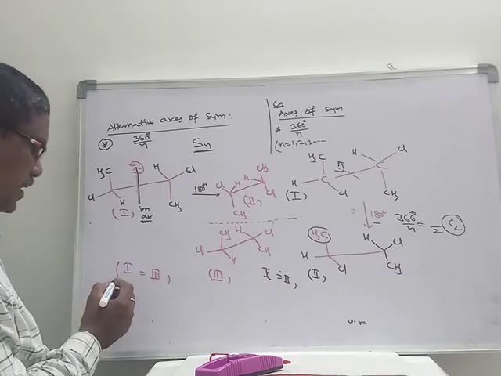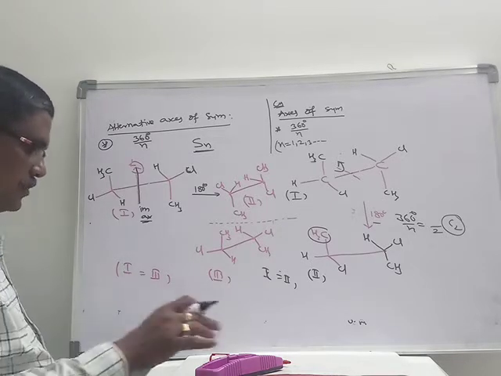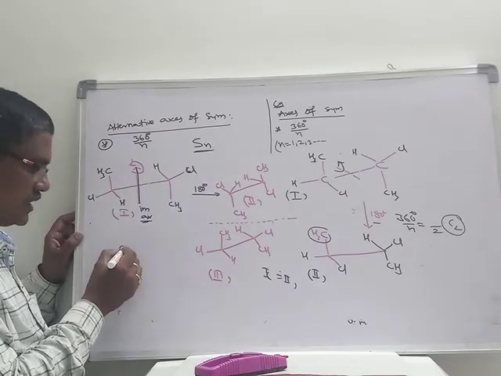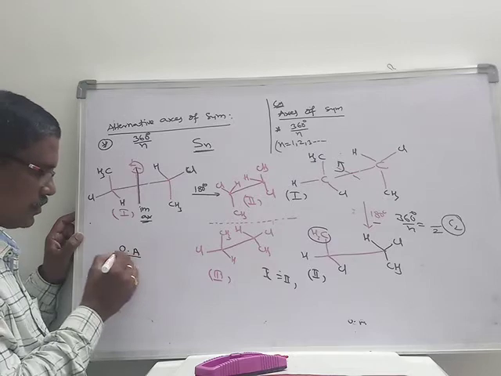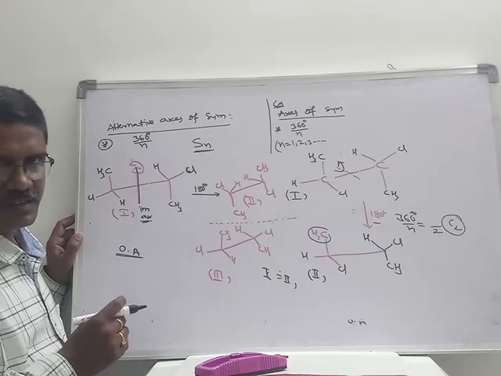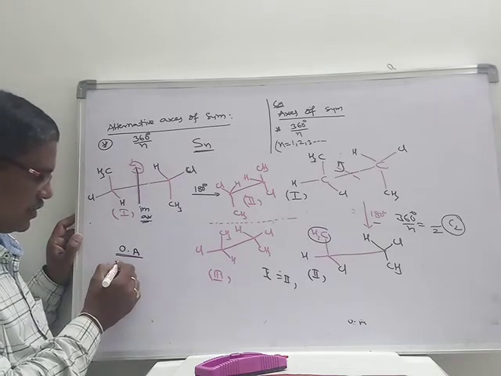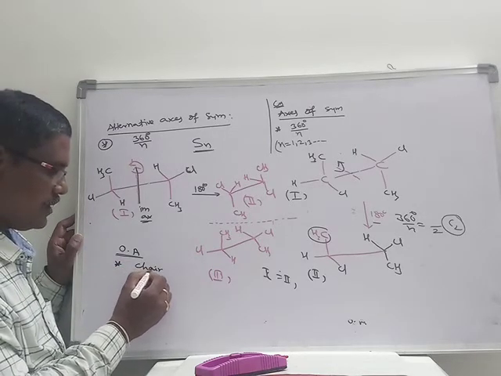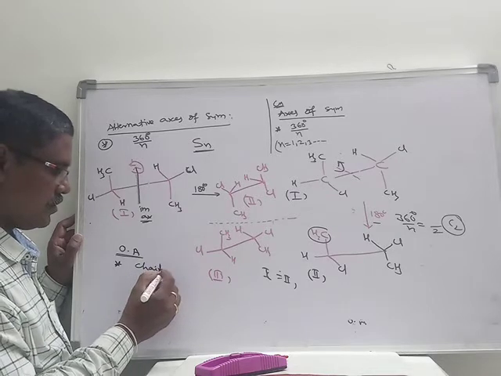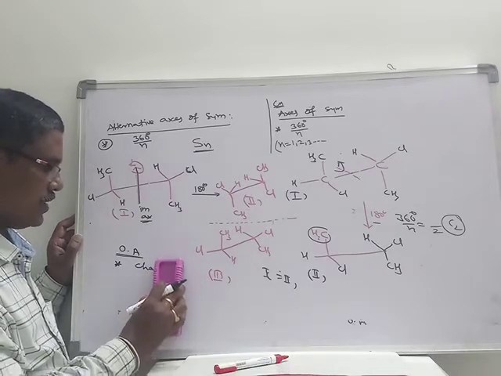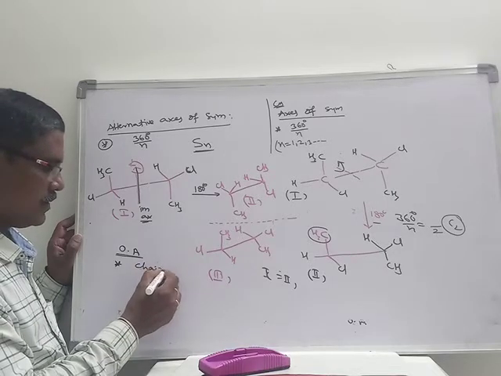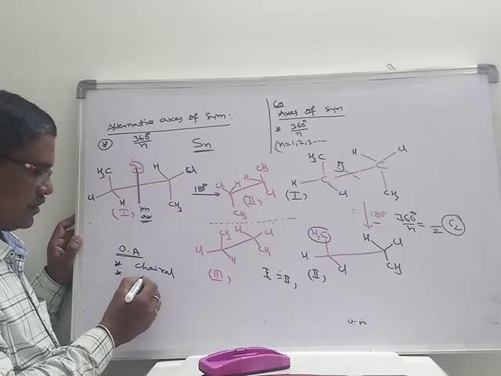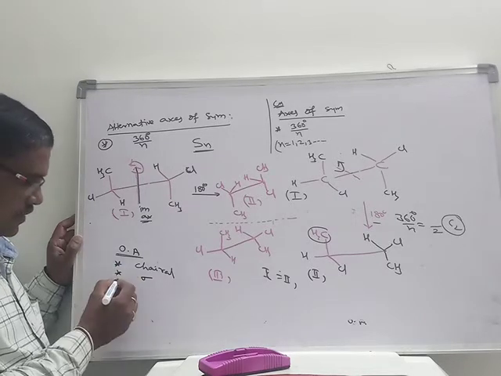So these are the symmetry points, and to exhibit optical activity, the following conditions are important. Number 1, it must contain a chiral carbon, at least one chiral carbon. Second, absent sigma, that is plane of symmetry.